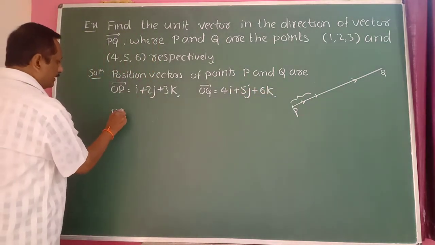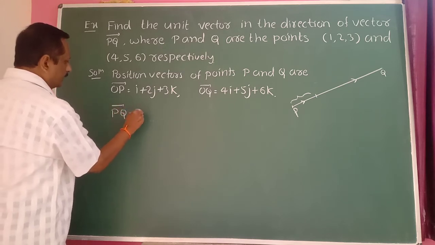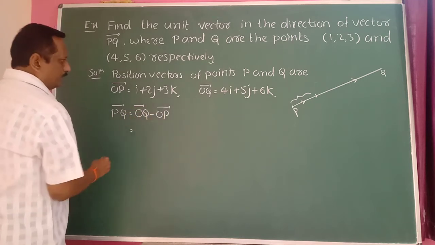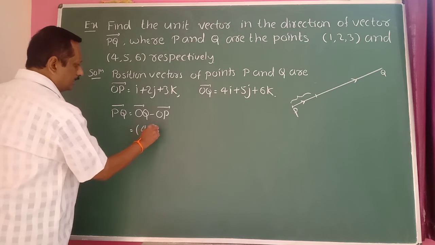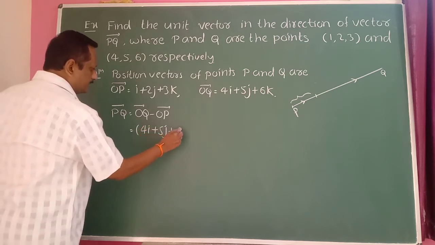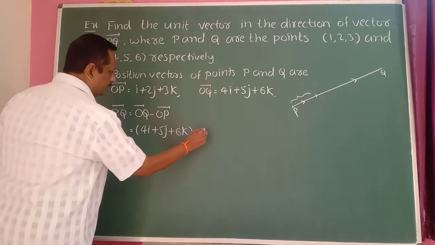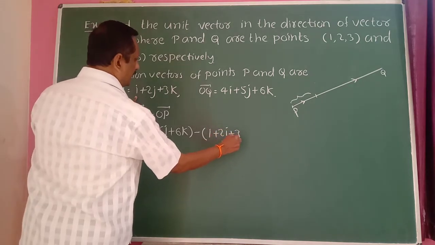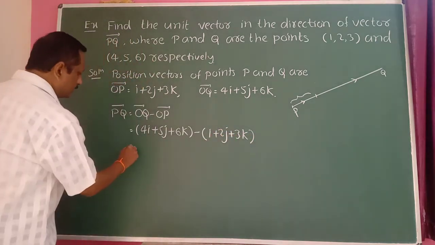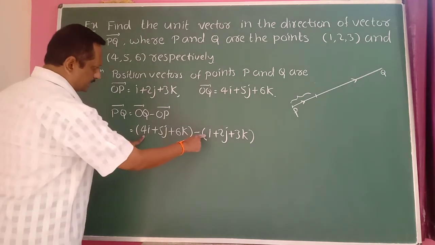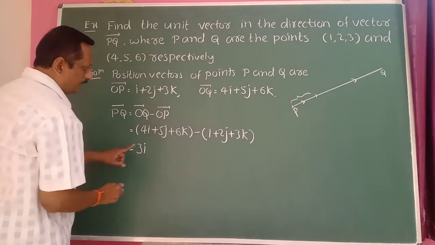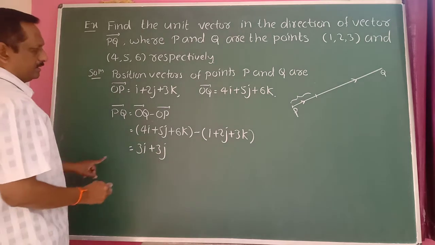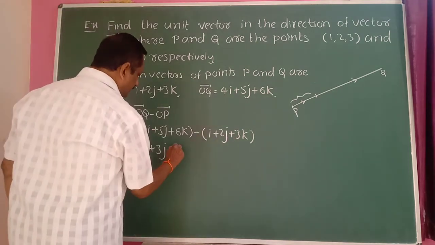Then the vector PQ is given by OQ minus OP. Therefore, the vector OQ is 4i plus 5j plus 6k minus the vector OP, i plus 2j plus 3k. This equals 4i minus i gives 3i, 5j minus 2j is plus 3j, then 6k minus 3k is plus 3k.